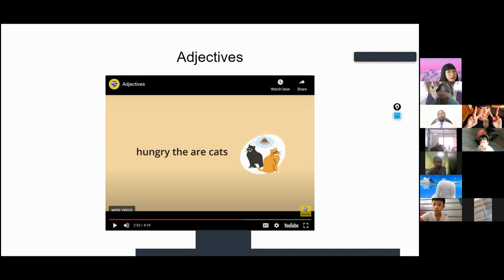The cats are hungry. Very good. The cats are hungry. Now, what is the adjective in this sentence, Oi? What is the adjective in this sentence?